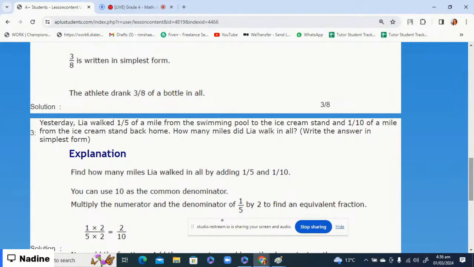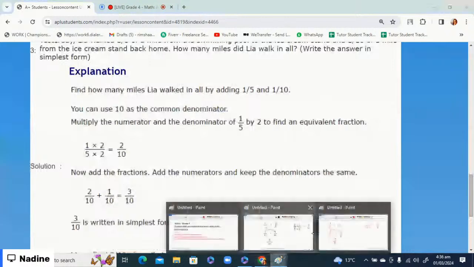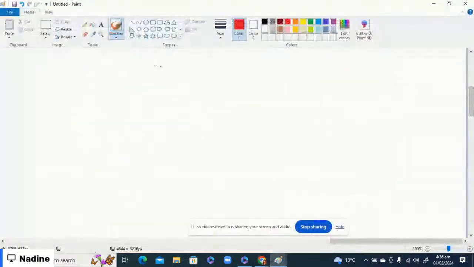So that is 1 by 5 and 1 by 10. So here I'm going to write 1 by 5 and 1 by 10. What is the greatest denominator? Greatest denominator is 10, so we make the 10 equal, like as a common.